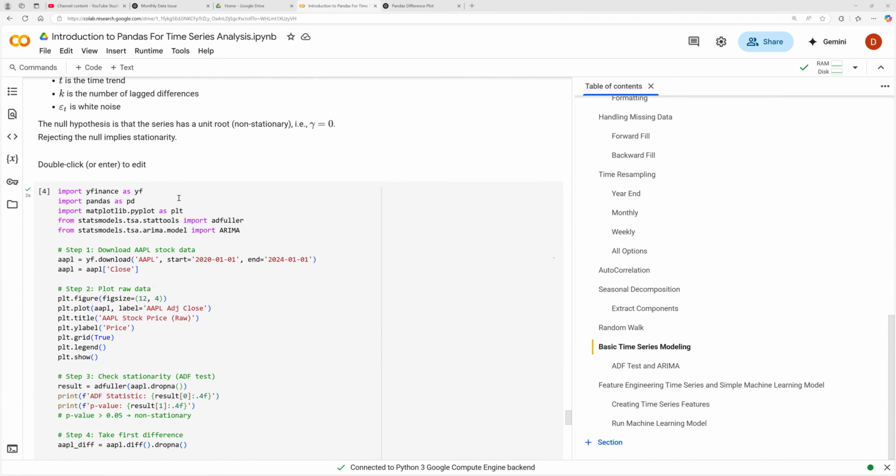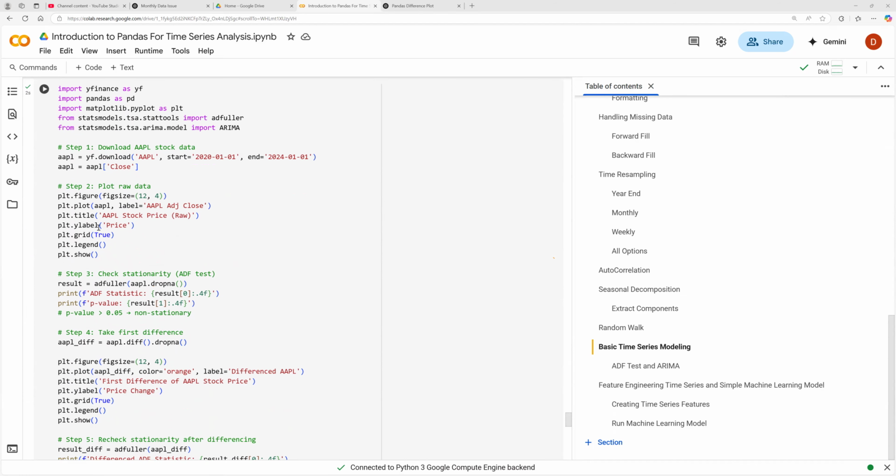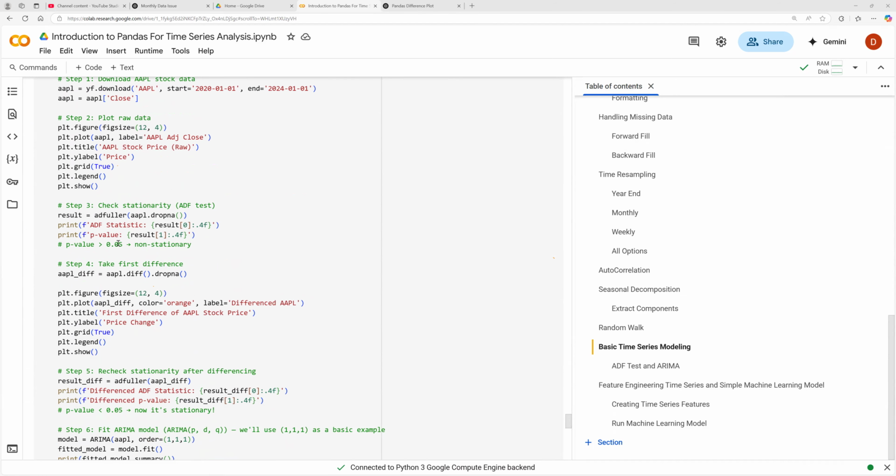Now, if you look at the code here, I'm basically pulling the data, I plot it, and then I check the stationarity, right? If the p-value is greater than 0.05, it's non-stationary. Okay. So I'm checking if the original series is stationary, and we saw in Apple later that it's not. That's the obvious answer after some of the sections that we saw, right?